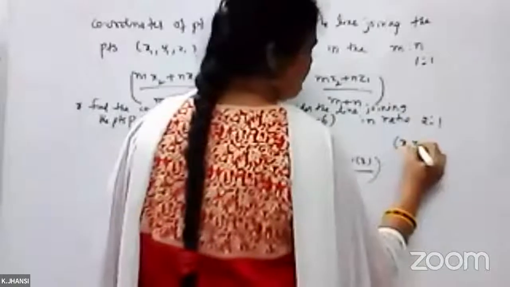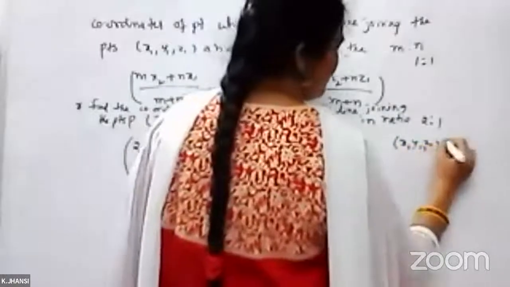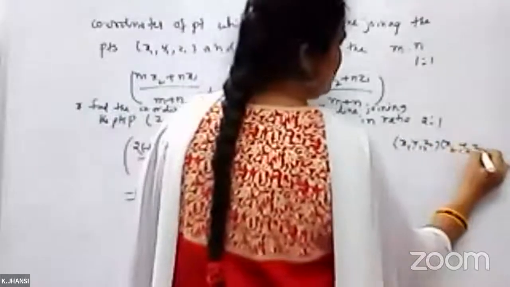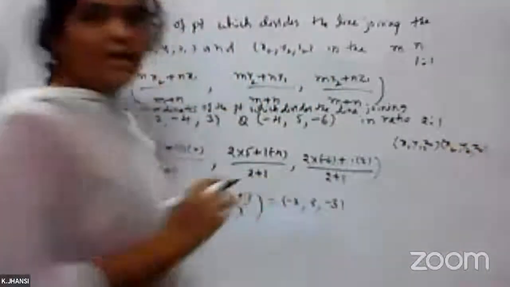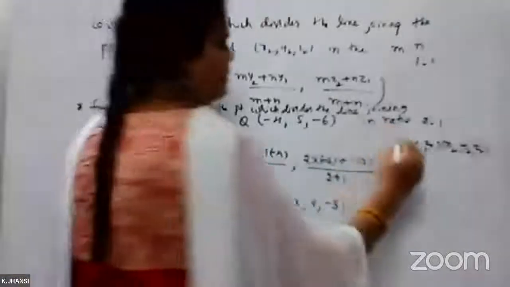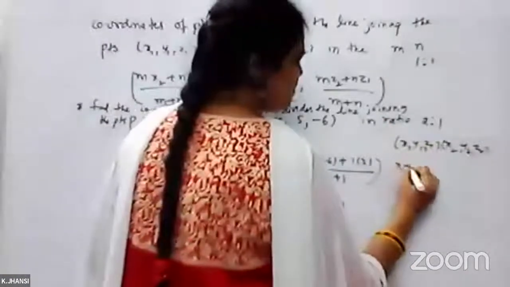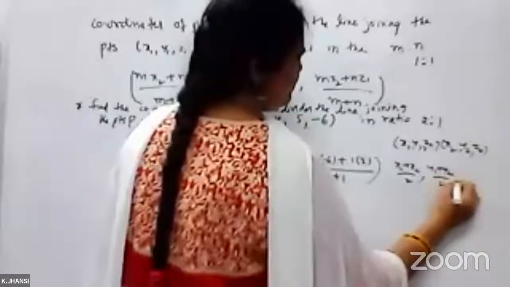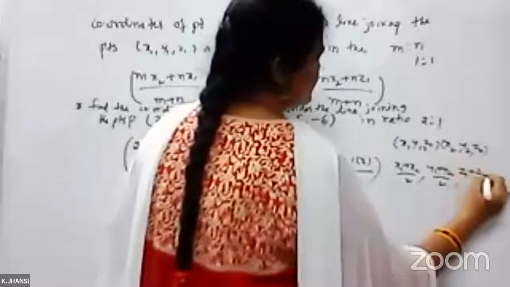I hope all of you know the midpoint. If x1, y1, z1 and x2, y2, z2 are the 2 points, then the midpoint is (x1 plus x2) by 2, (y1 plus y2) by 2, (z1 plus z2) by 2.